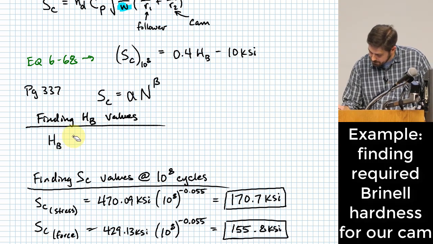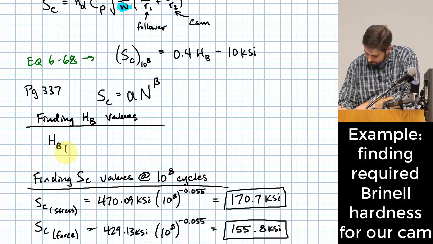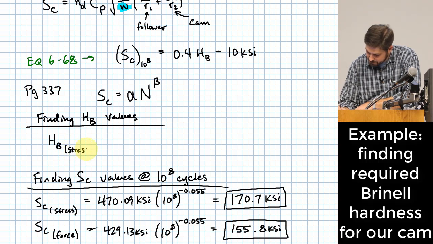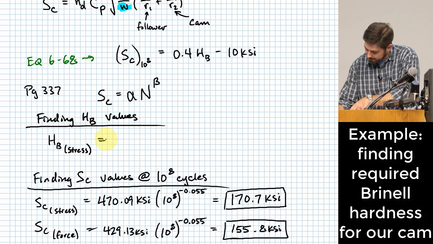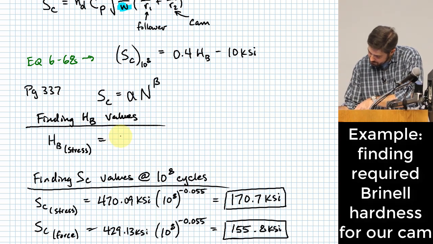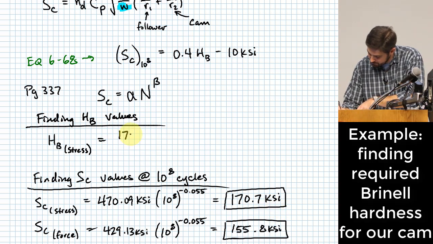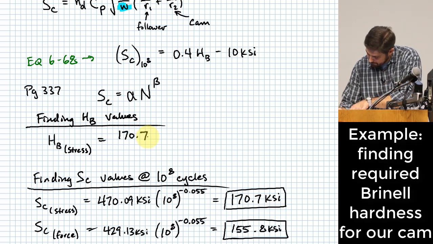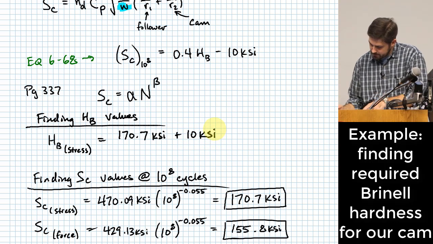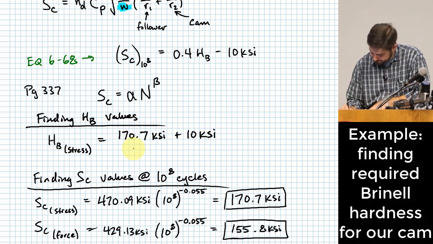So H sub B for the case where we're guarding against excessive stress will be equal to S sub c at 10 to the 8th, which is 170.7, plus 10 KSI, divided by 0.4.